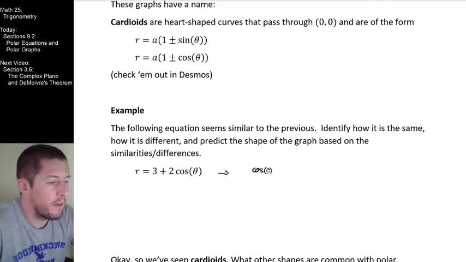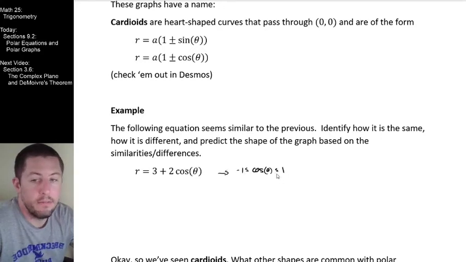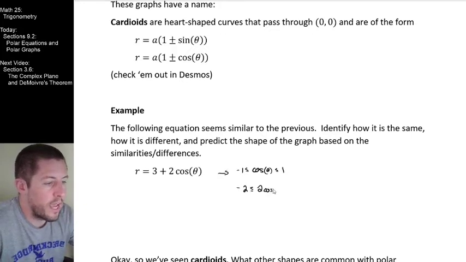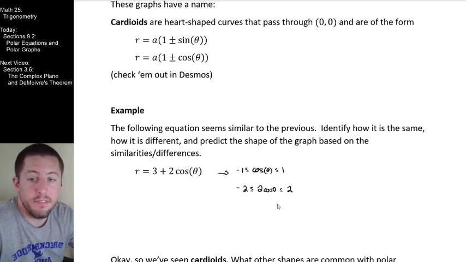Cosine of theta lives between -1 and 1. If I multiply all three sides of this inequality by 2, then 2 cosine theta spans from -2 to 2.